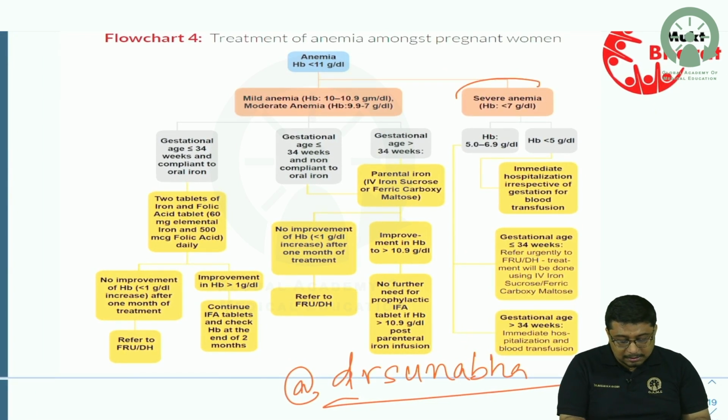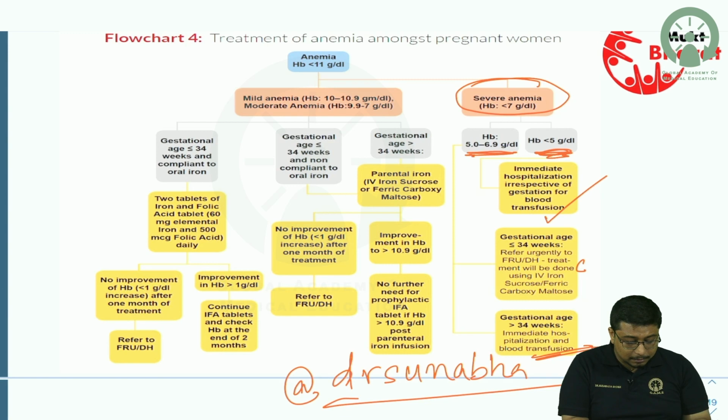Like if there is severe anemia, that is less than 7, if it is between 5 to 6.9 at any gestational age, if it is less than 5 at any gestational age, hospitalization and immediate transfusion. Whereas if it is between 5.0 to 6.9, if it is less than 34 weeks, so we have time, we can try IV iron with FCM or iron sucrose. But if it is more than 34 weeks, we need to transfuse.